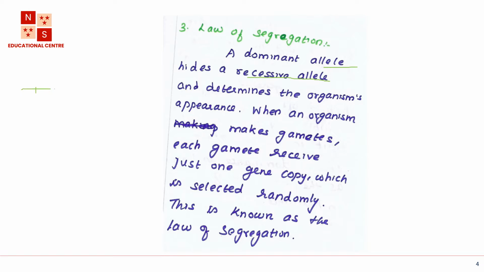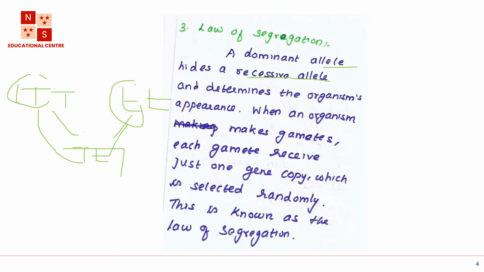For example, in a monohybrid cross, in the F1 generation, there will be cross pollination. From the tall parent it will get one allele, and from the recessive parent it will get one. So all the plants in the F1 generation will be tall. Only the dominant is active and the recessive is not. So this is the law of segregation.